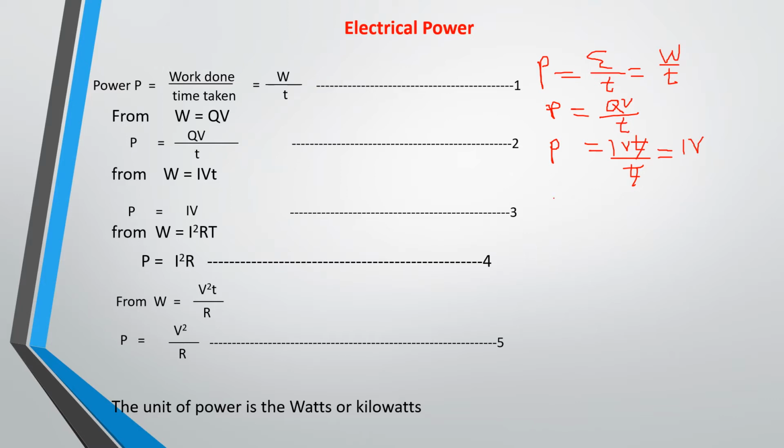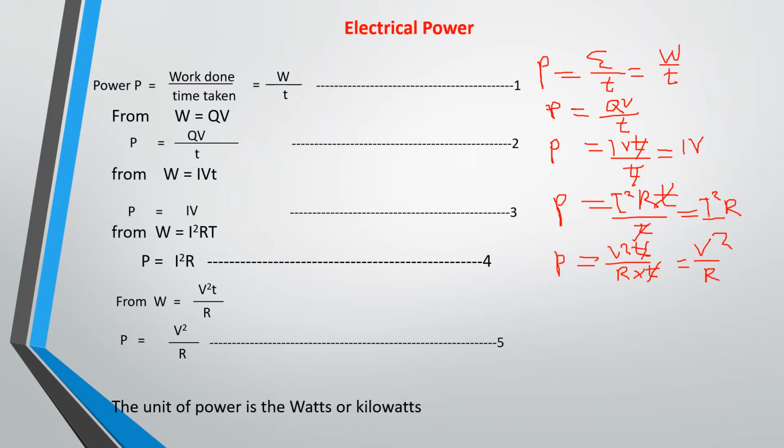Then from the other equation, power can also be I squared RT over T. This will cancel out, and you have that power is equal to I squared R. You see how this equation came about? The same thing: power is equal to V squared T over R times T. So this will cancel out so that your power is equal to V squared over R.